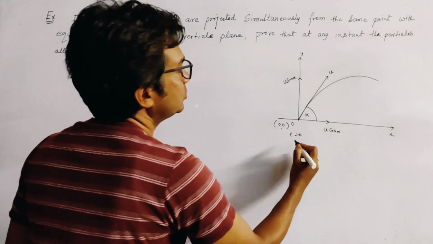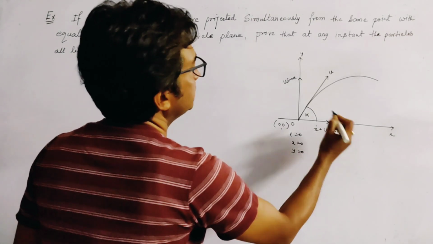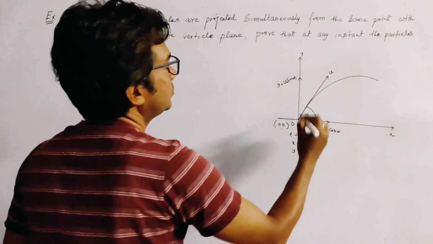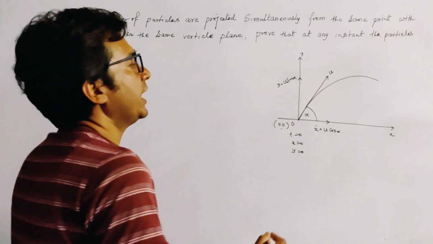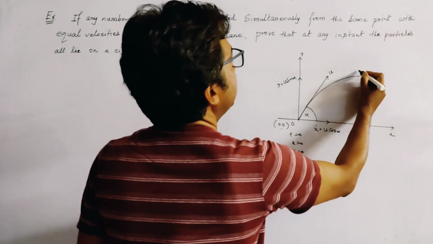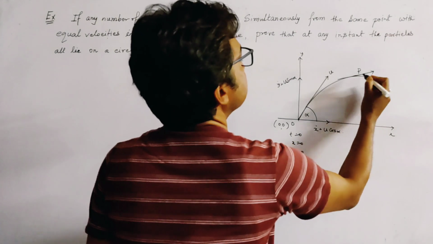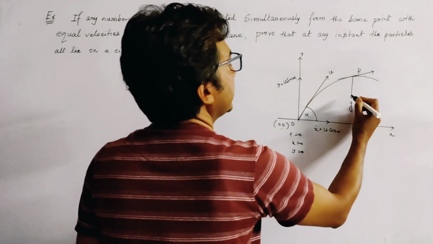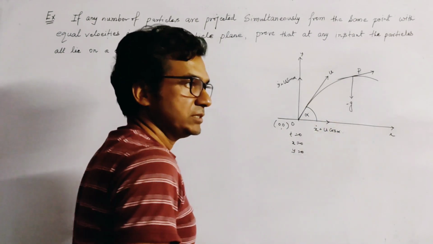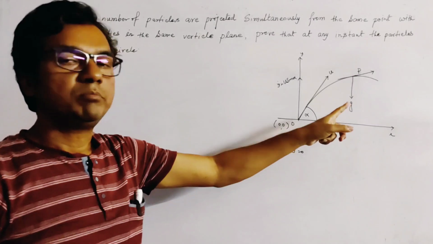At time t equal to 0, x equal to 0, y equal to 0, x dot equal to u cos alpha, and y dot equal to u sin alpha. These are the initial conditions. And at any point P, let the velocity of the particle be along the tangent. Here there is only one force, g, or it may be written as minus g, acting vertically downwards per unit mass.